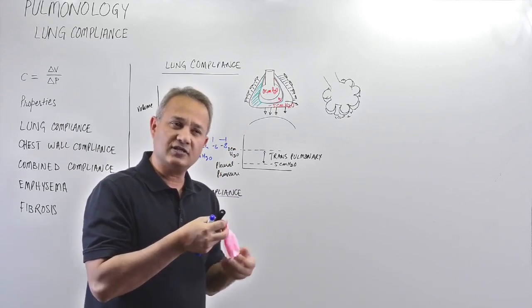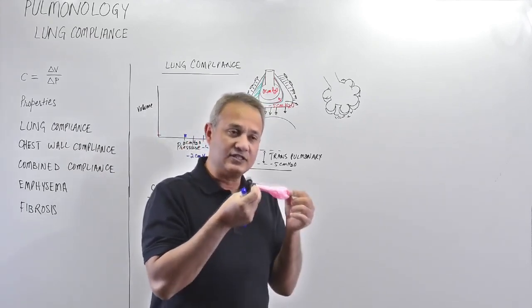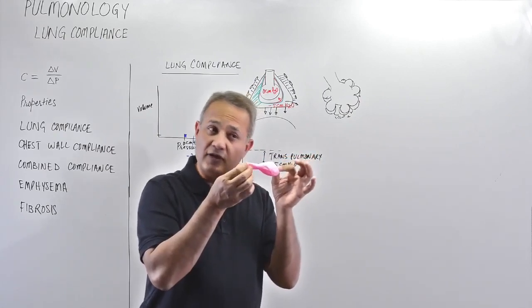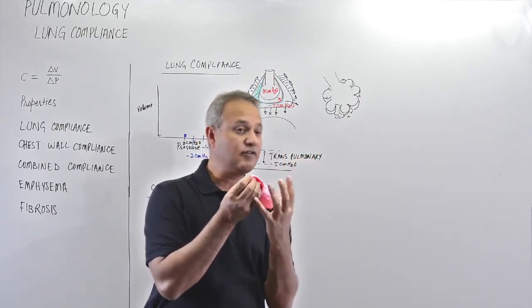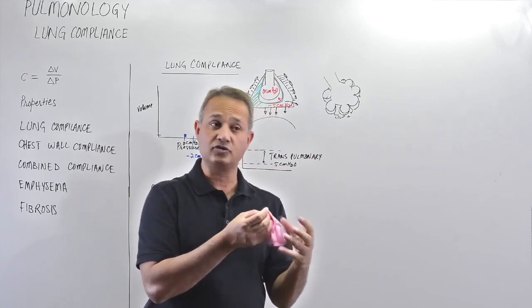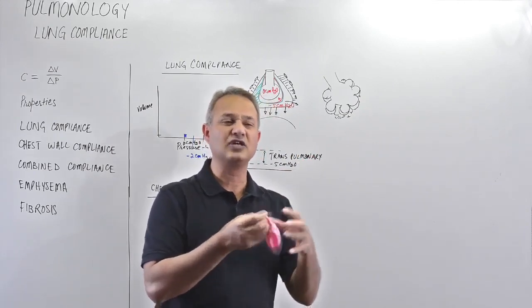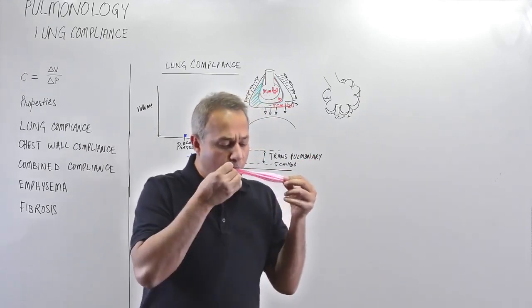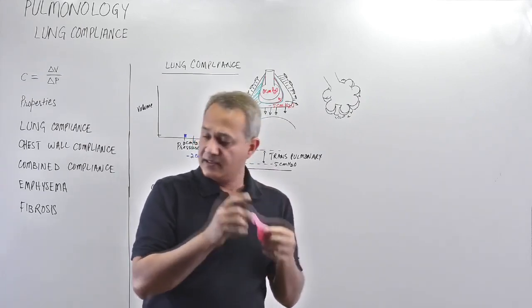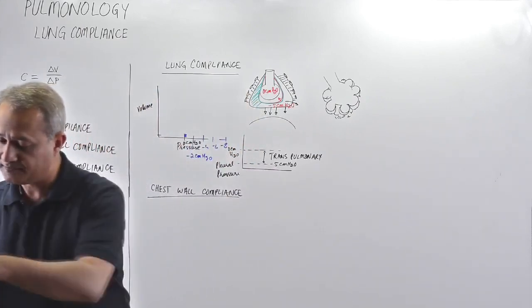One thing that I want to tell you: in the beginning it was difficult to blow air into it, when it was fully collapsed. Then when it started inflating, it was easy to blow air into it, and then at some point it becomes fully inflated and you can't really inflate it further. You have experienced this as well.